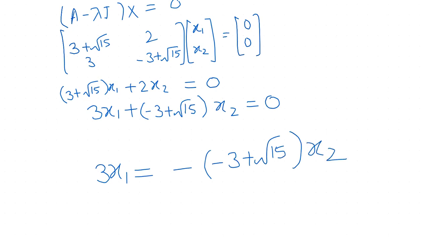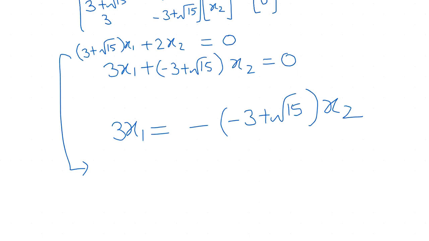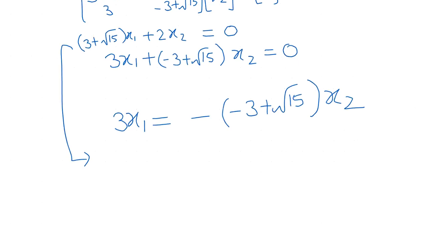And from the first equation, we can write 3 plus square root of 15 into x1 is equal to, or we can write 2x2 is equal to 3 plus square root of 15, with a minus sign because we are changing the side, into x1.